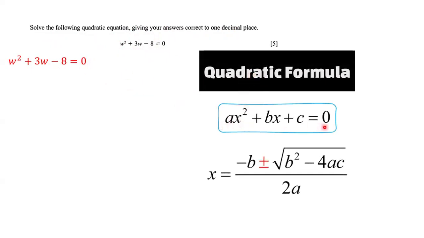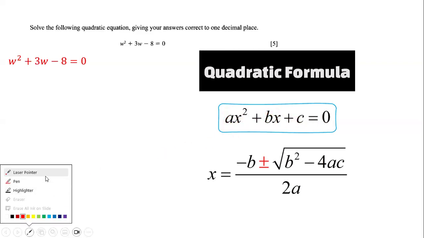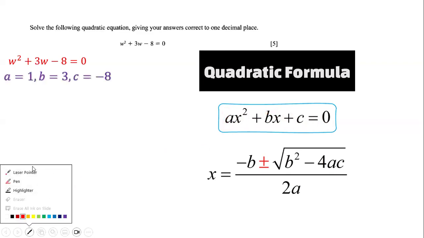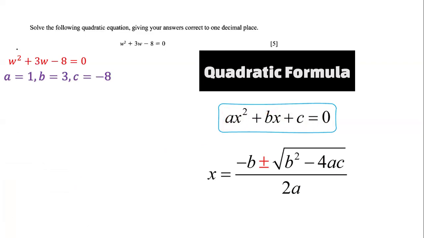Now the general form for a quadratic equation is ax squared plus bx plus c is equal to 0, where a is the coefficient of x squared, b is the coefficient of x, and c is the constant. In this case, a is equal to 1, b is equal to 3, and c is equal to -8.